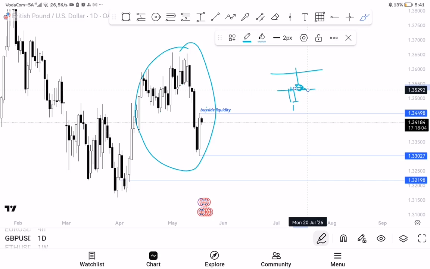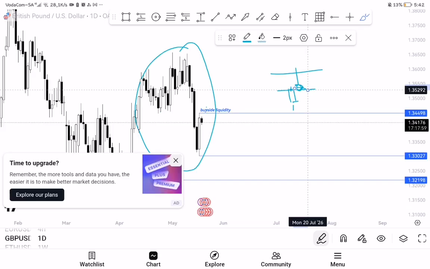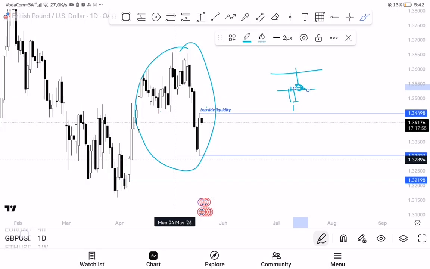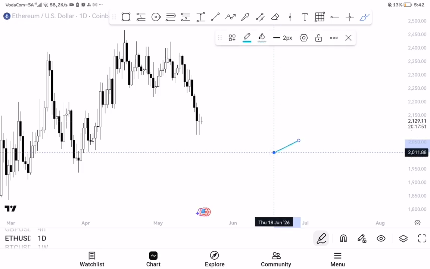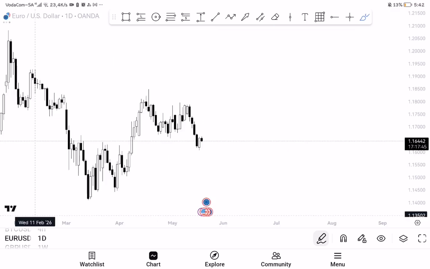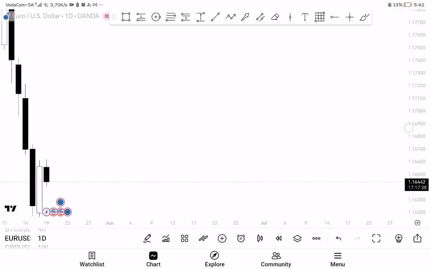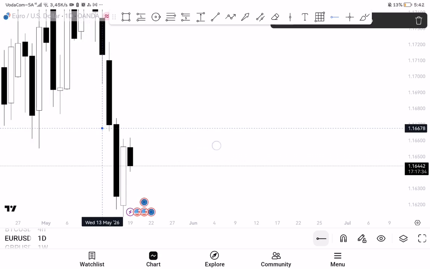It may not form, so we're just going to see what the market tells us, because when I look at EURUSD, although it's weak, what I'm seeing is EURUSD has already cleared Monday high.